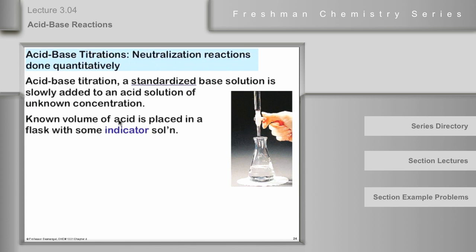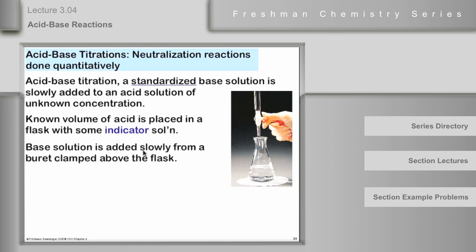So a known volume of acid is placed in the flask with some of that indicator solution that I mentioned. It's going to change color when we get to the end of the reaction and the neutralization is finished. So the base solution is added slowly from the burette clamped above the flask. And you stir the flask, you swirl it, or you take a glass rod, continue to agitate the solution a little bit, stir it up to be sure that any reaction that could occur has occurred.